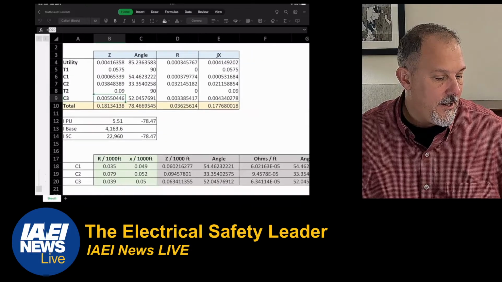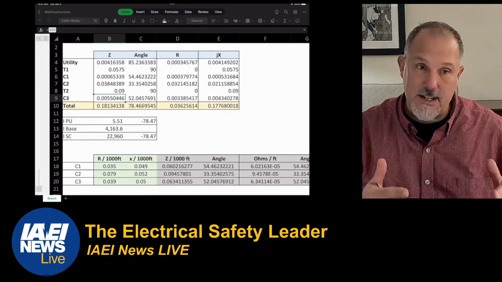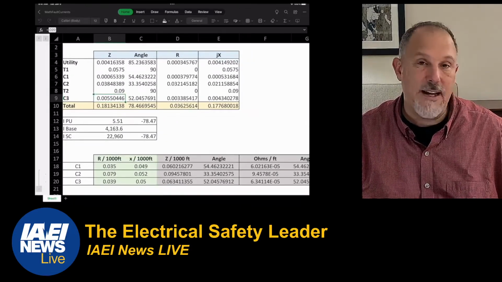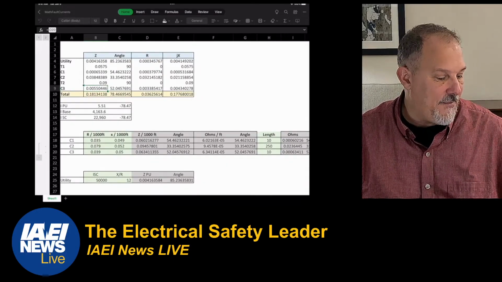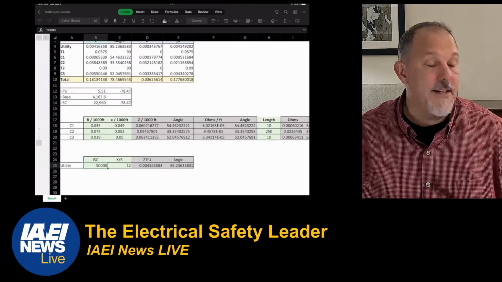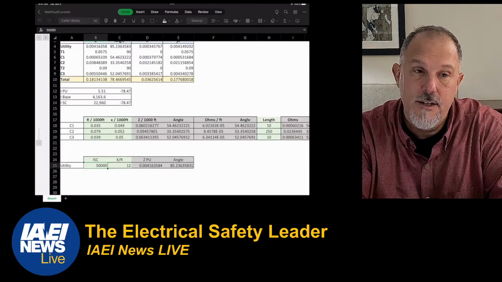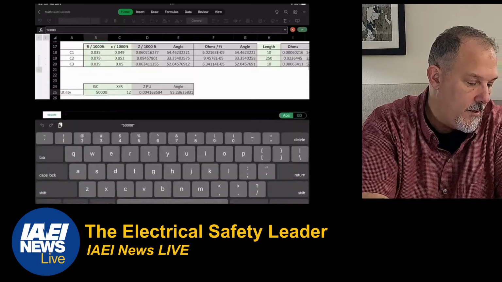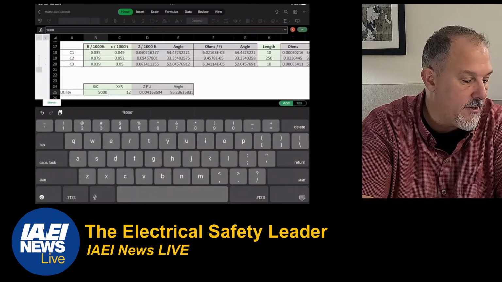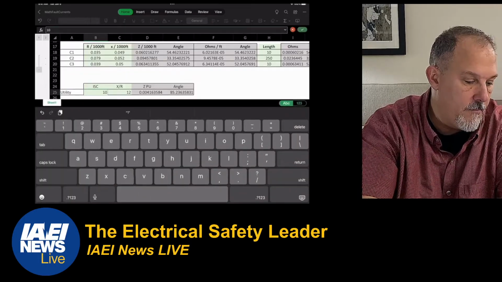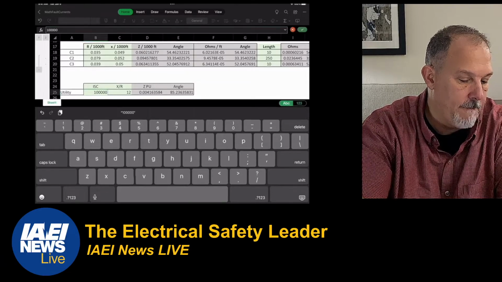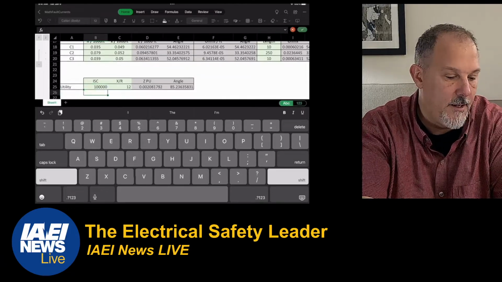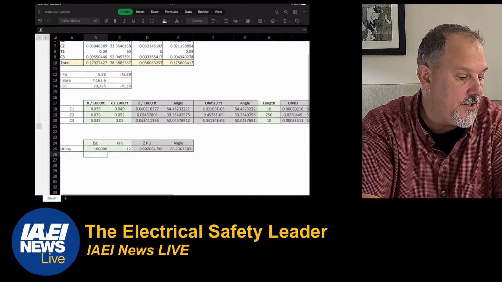And it automatically calculates the available fault current, which is 22,960. Let's say, for example, that I change the utility fault current from 50,000 amps to 100,000 amps. Return. What did that do to my fault current?